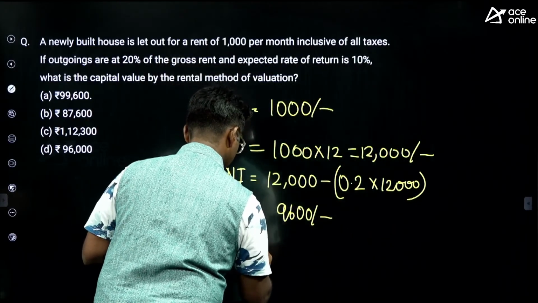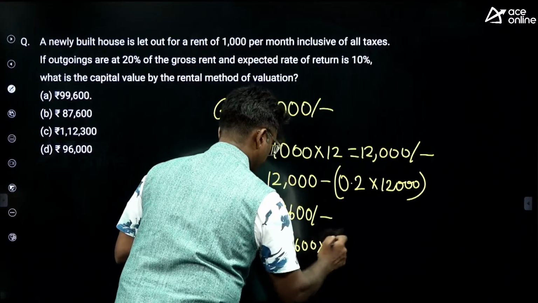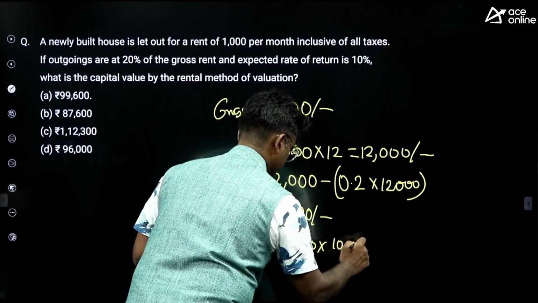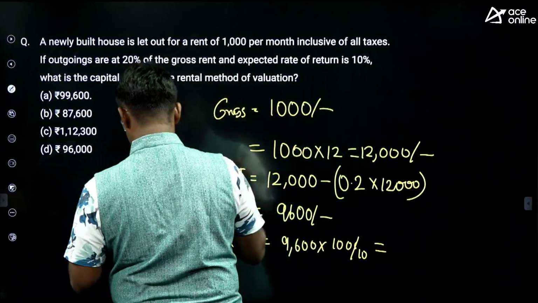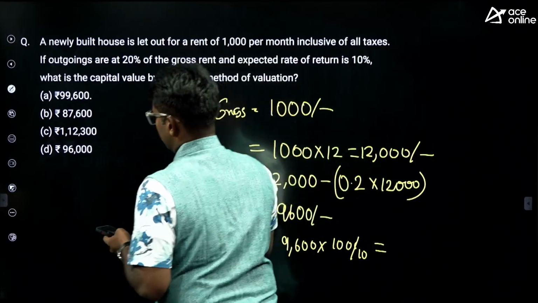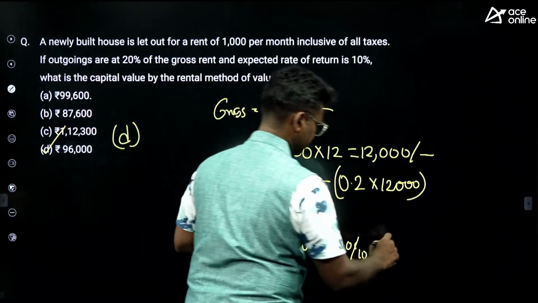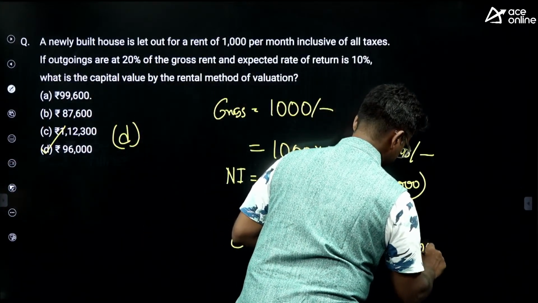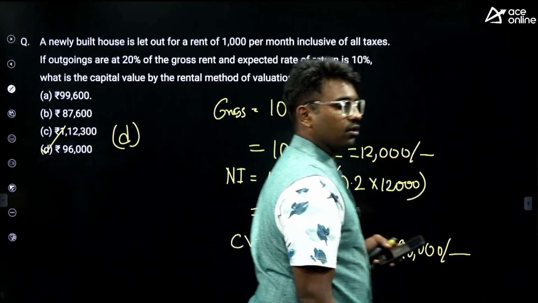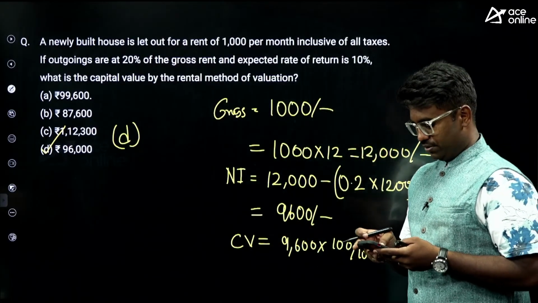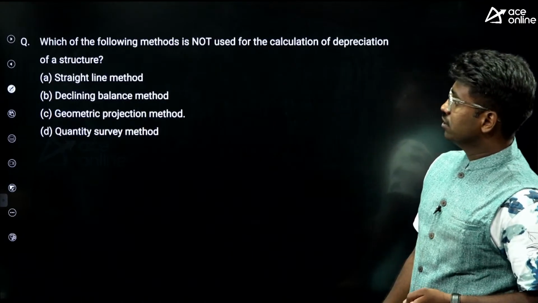So capitalized value will be net income 9,600 into 100 by 10, which gives you 96,000. Answer is D. Simple. Capital value. This is one. Next one.